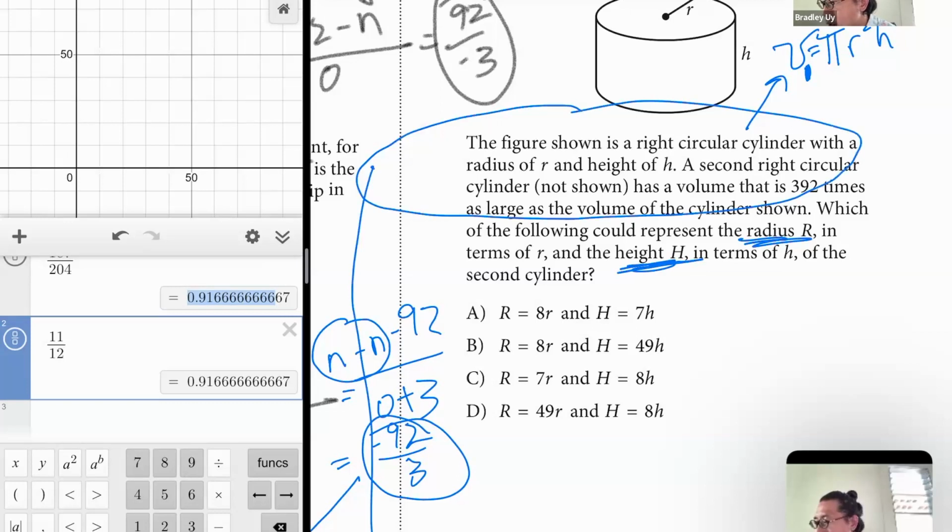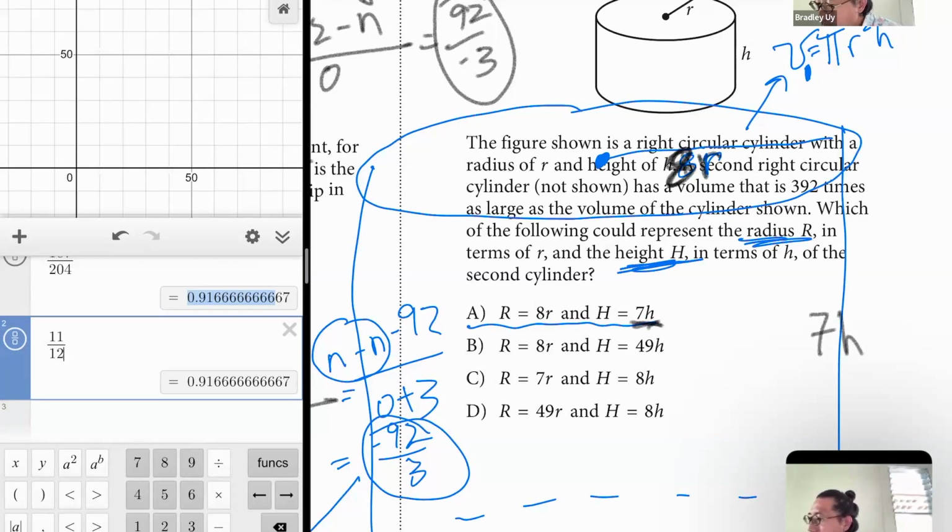A lot bigger, okay? Let's test out choice A for now. Let's say its new radius is 8r, and its new height is 7h.